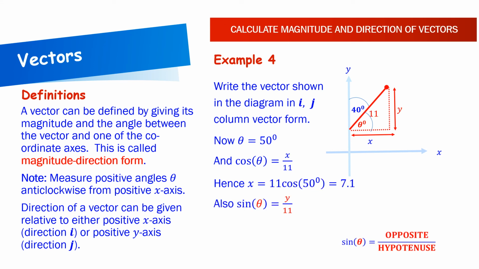We also have that sine theta from the sine ratio is equal to opposite over hypotenuse. So sine theta is equal to y over 11. Therefore, y equals 11 sine 50 degrees.